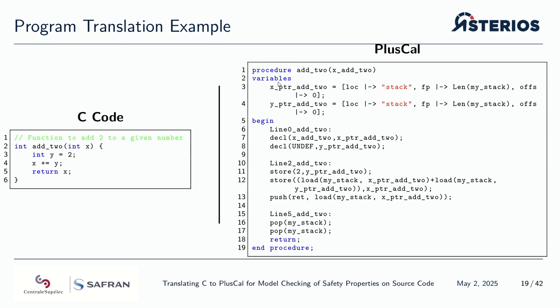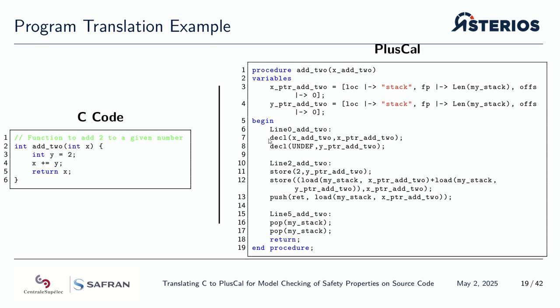The variables of this procedure are the 2 variables that are used in the C function, so x, and here we define a y variable. So x pointer and y pointer. Those 2 will be located on the stack. We define their frame pointer and their offset as the length of the stack and 0, because they will be redefined here with the decl macro.